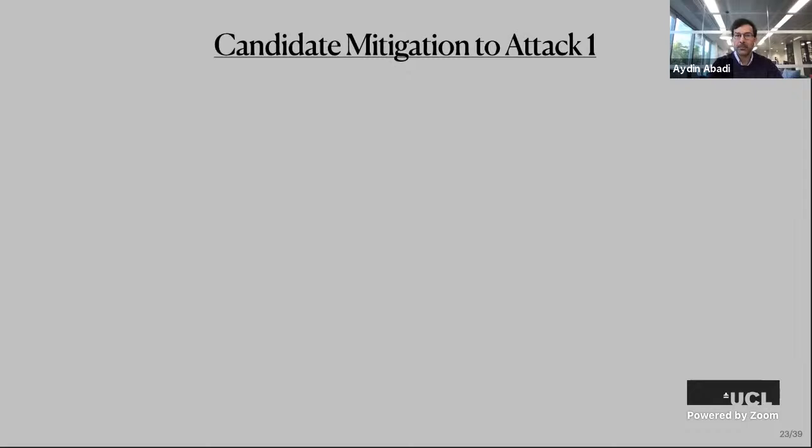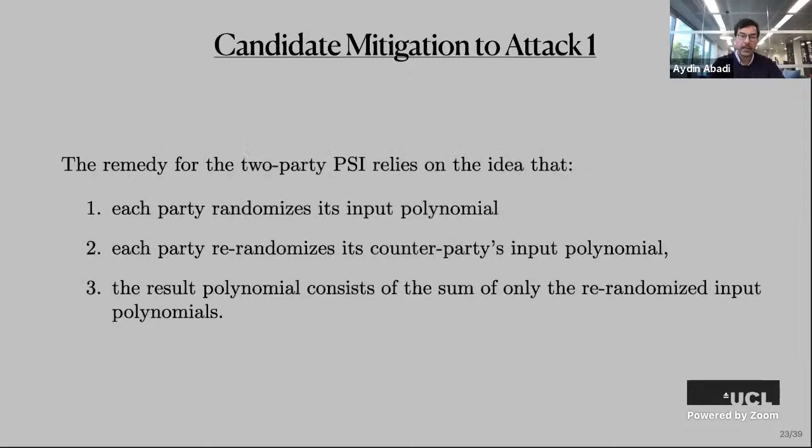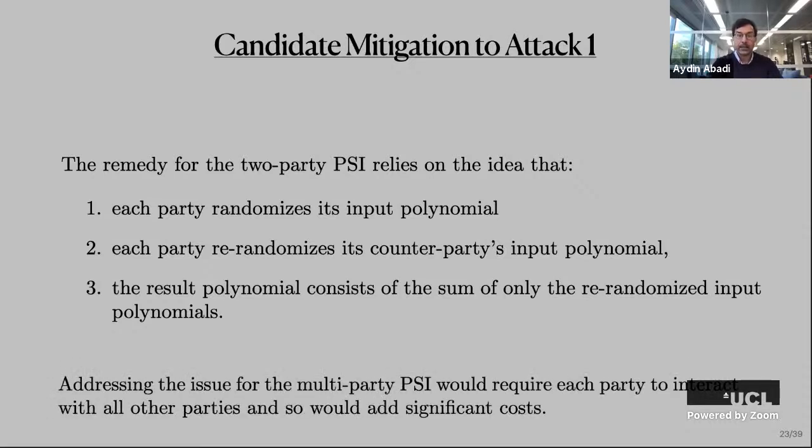So this attack can be mitigated if each party re-randomizes its counterparty's input polynomial, and the result contains only the sum of the re-randomized polynomials. However, this may add some cost to the original protocol.